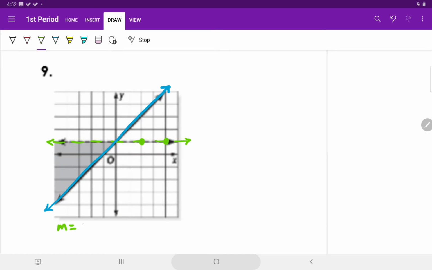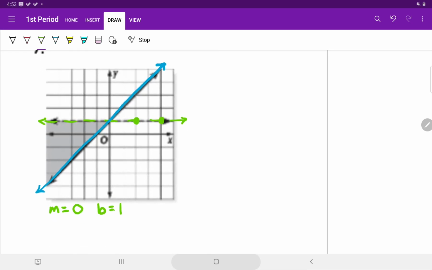So our rise over run is 0. Our b, on the other hand, is positive 1. So putting that in slope-intercept form, we get y equals 0x plus 1.